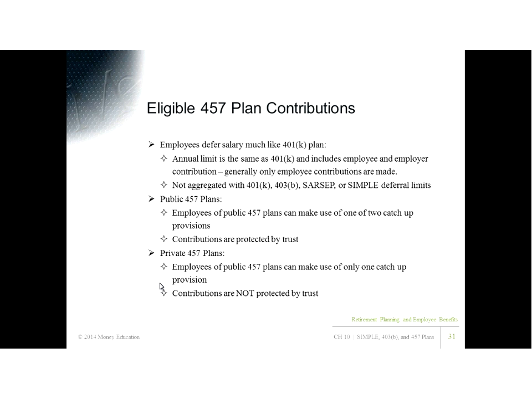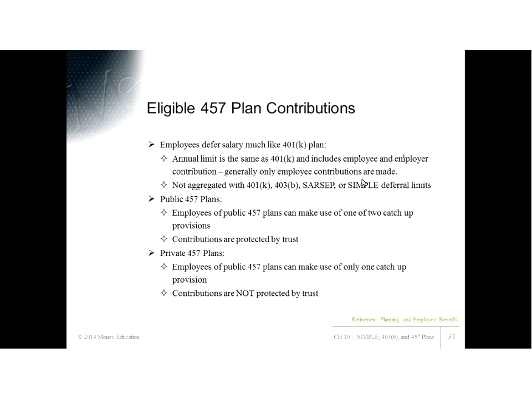Deferral is much like a 401(k) plan. For 457 plans, the limit is $17,500, and these are not aggregated. If I have a 403(b) and a 401(k), and I'm not age 50, the most I can put in is $17,500 total, because I aggregate those together and can't put anything more.